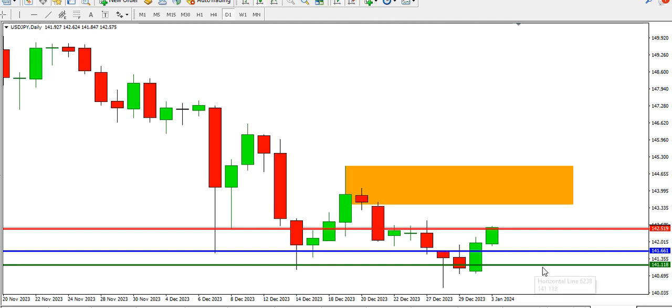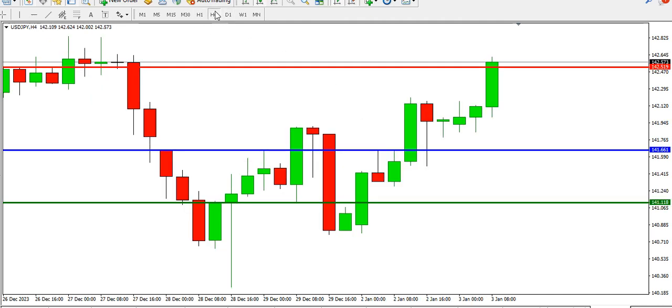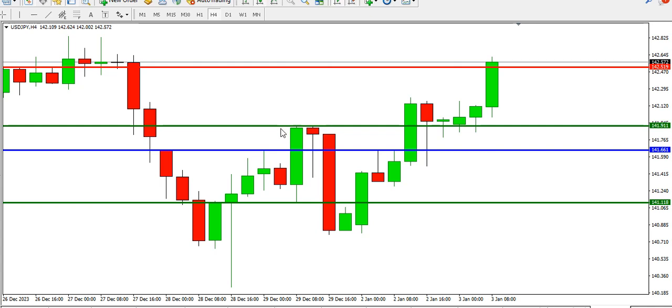Before it can get to 141.118, it needs to get to the pivot line, which is at 141.661. But for now, price is currently above the first resistance for the day, and price is still going up.